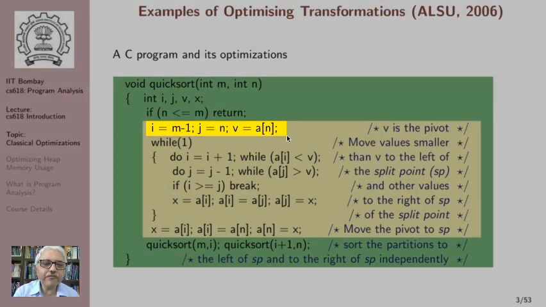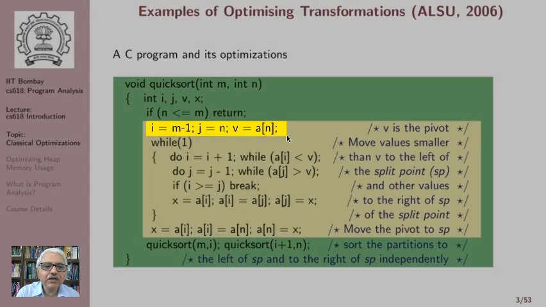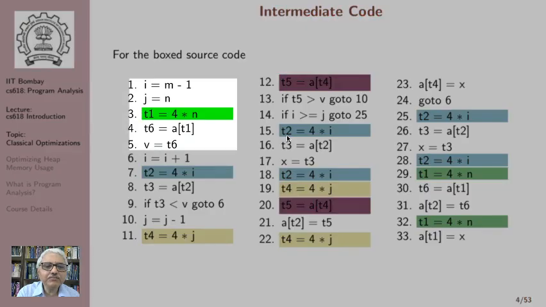So i is equal to m minus 1 becomes i is equal to m minus 1 here, j is equal to n becomes j is equal to n here, v is equal to a[n] becomes t1 is equal to 4 star n, and t6 is equal to a of t1, and v is equal to t6.